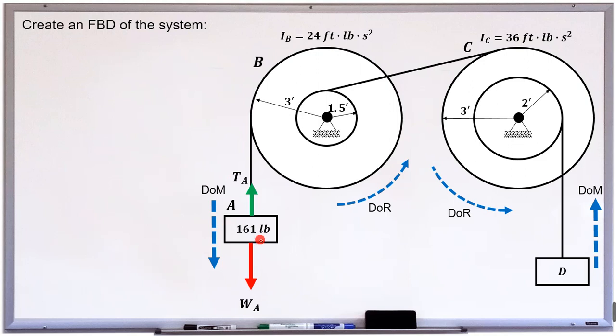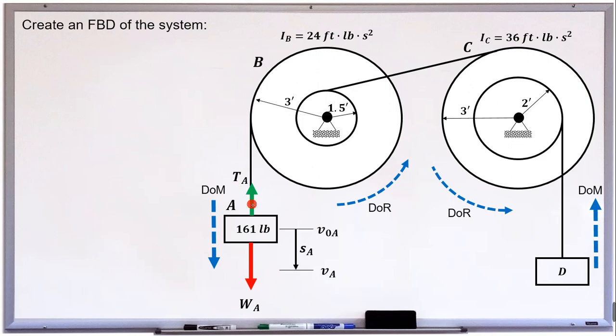In block A, we have two forces right here, its weight and the tension. But in the calculation of the work, the tension is not included because this is an internal force of the system.